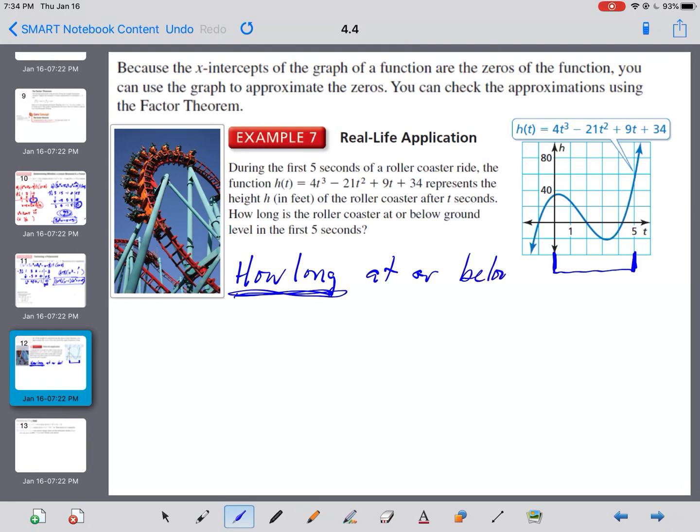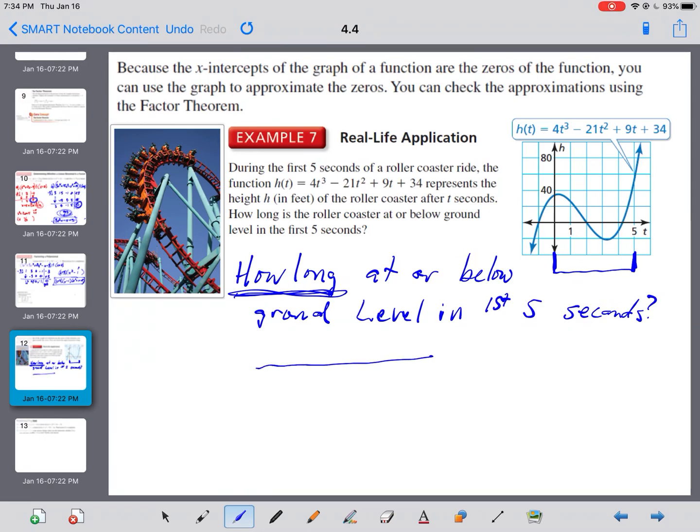How long at or below ground level in first 5 seconds.